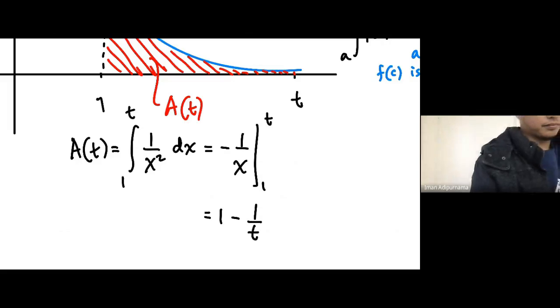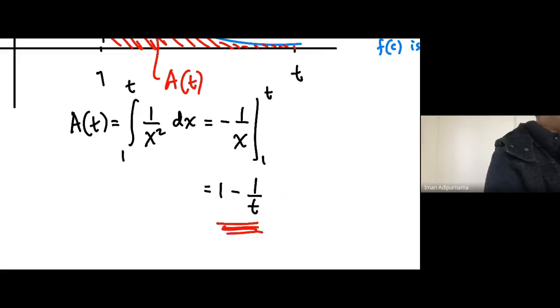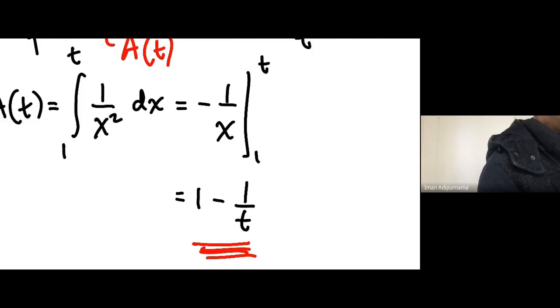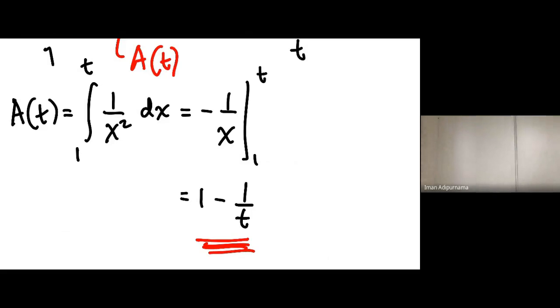If you see the expression 1 over t, if you see the area A(t), the maximum possible area is 1, right?